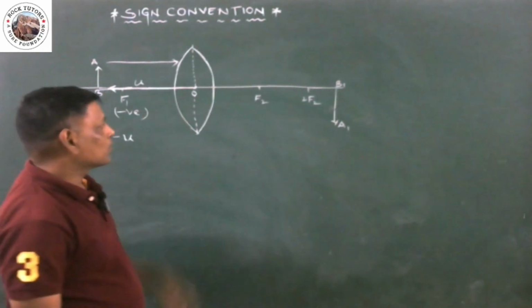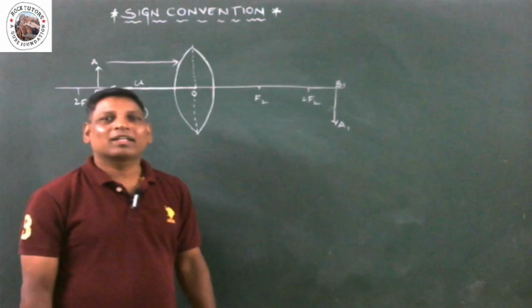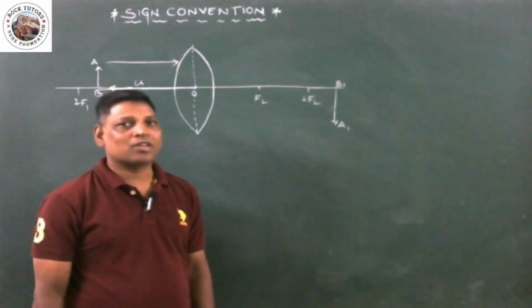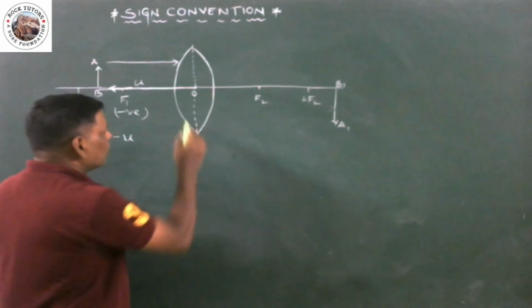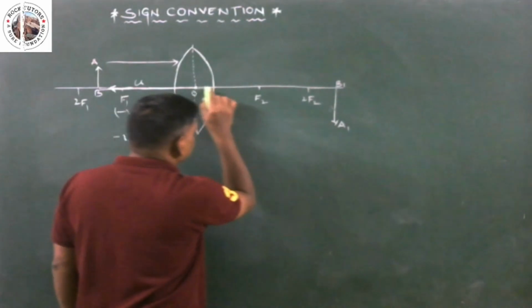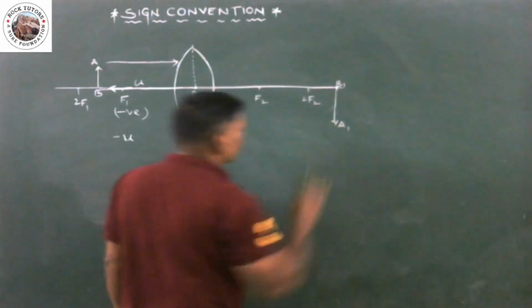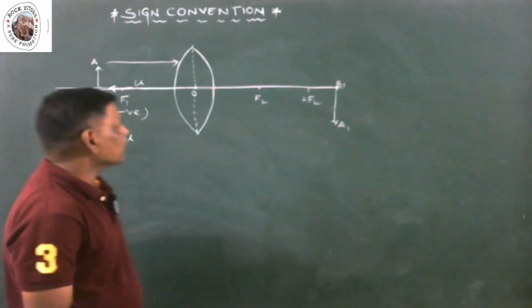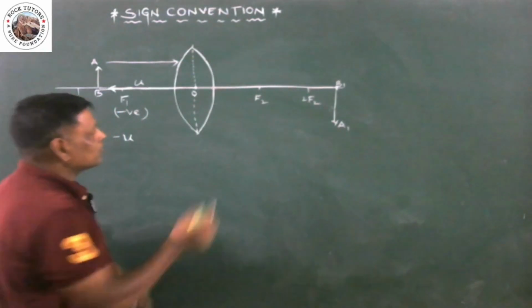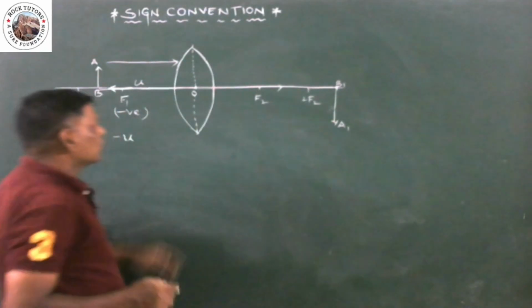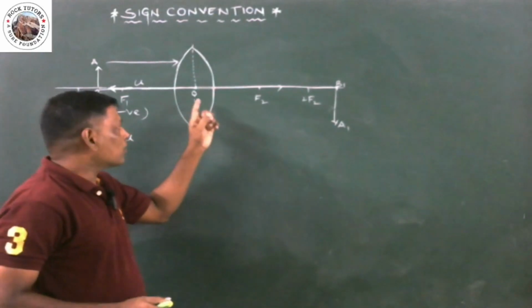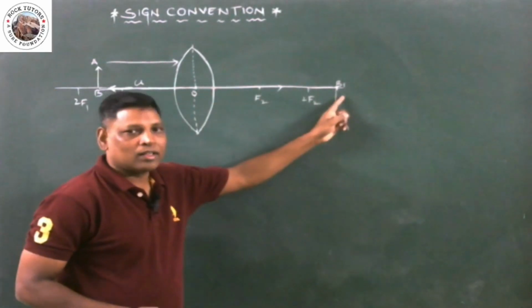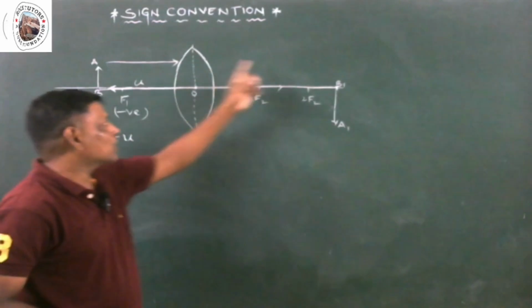Now if I want to measure the image distance, I also have to start from O to B1. So O to B1. If you observe here, I am moving from O to B1 and the incident ray is also in the same direction.